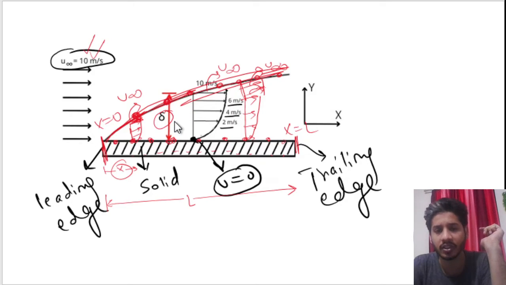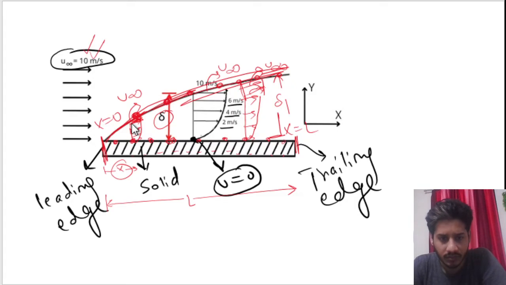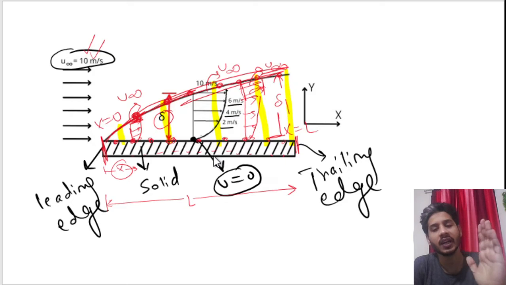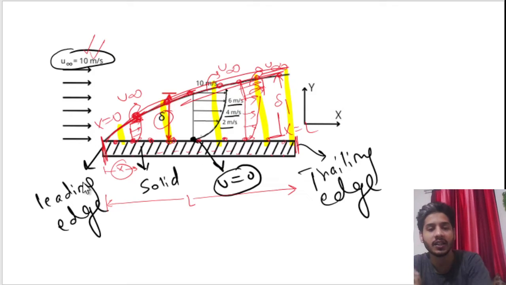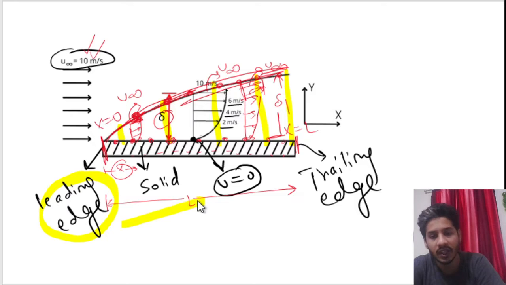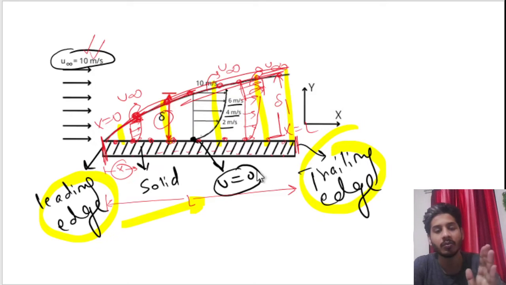So at this location, this is the boundary layer thickness. At this location, this is the boundary layer thickness del. So you can see from the graph, as we proceed, del increases and increases. As we proceed from the leading edge towards the trailing edge, the boundary layer thickness increases.